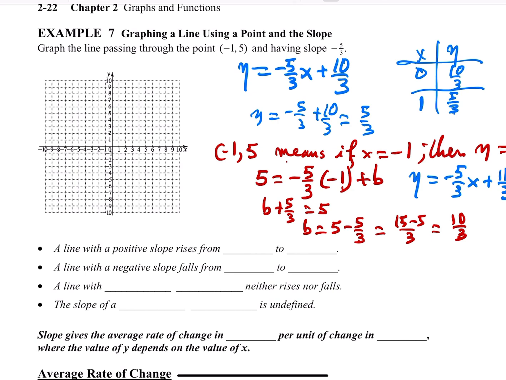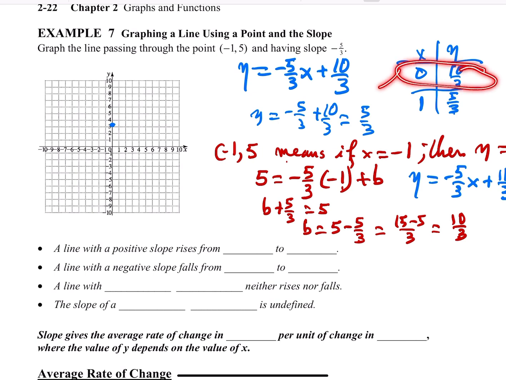Okay, let's graph this one. If x is equal to 0, y is 10 over 3. 3 times 3 is 9, so it's 3 something, which is here. You have 1 point here so far. This is the first point.